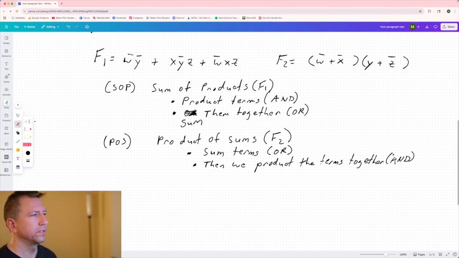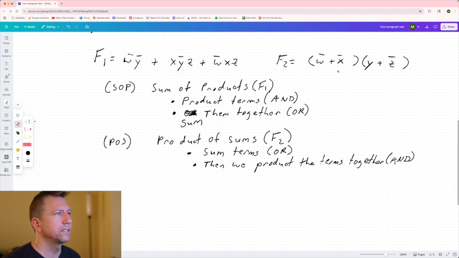So we have a bunch of sum terms, and then we product them together. F2 shows that. We have a sum term, we ORed them, and there's another sum term, we ORed them, and then we take both those terms and AND them together. So that would be product of sums, and so we have sum of products and product of sums.